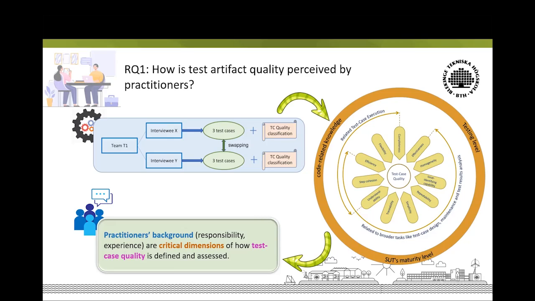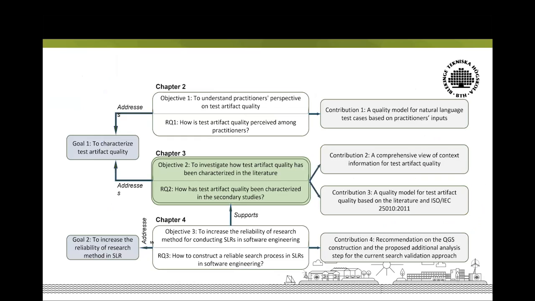And so now, in order to obtain a broader view of test artifact quality, what we did in the next step is that we conducted a tertiary study, instead of a secondary study.